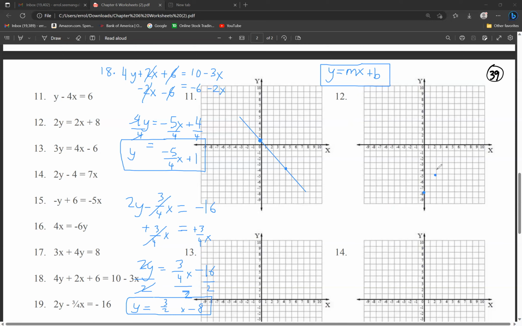Up 3, 1, 2, 3, and to the right 2. Like that. All right, there we go. Okay, you good on that? Yeah. Any questions on that?